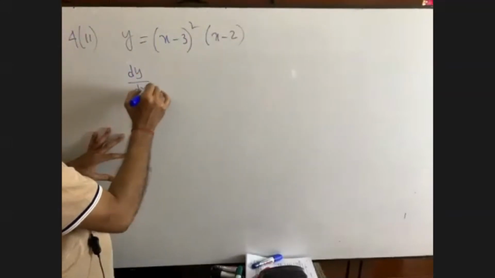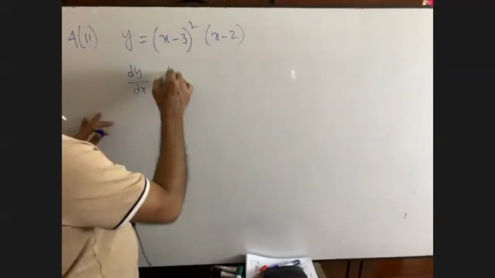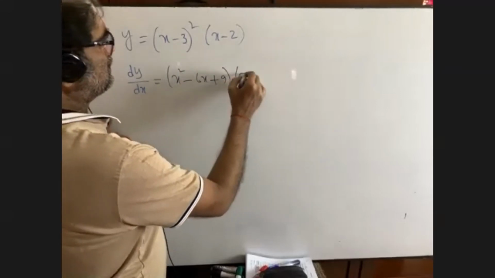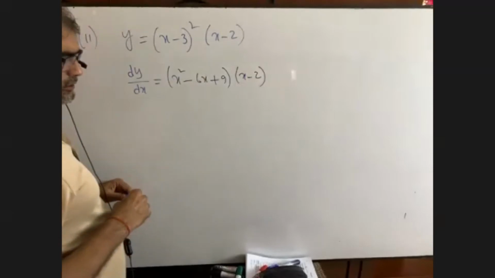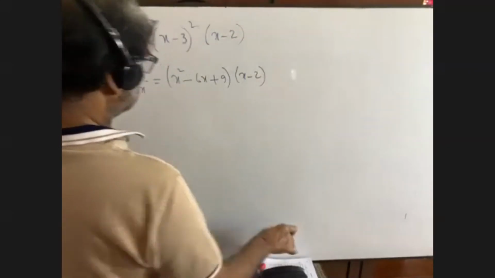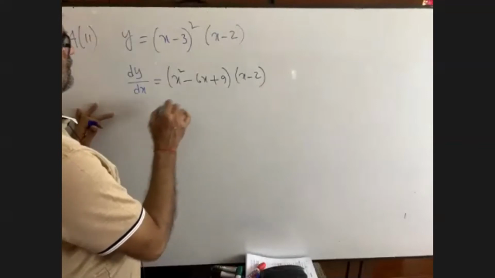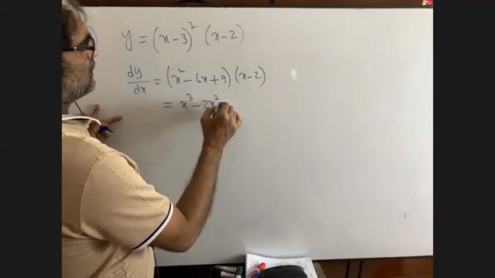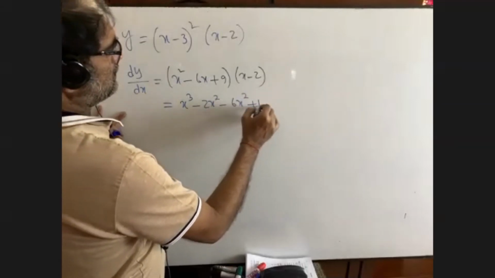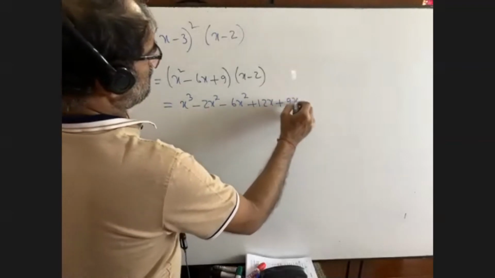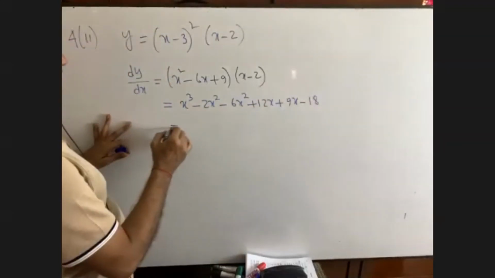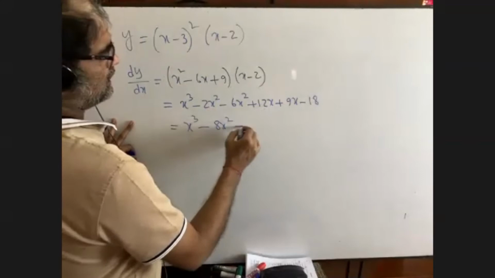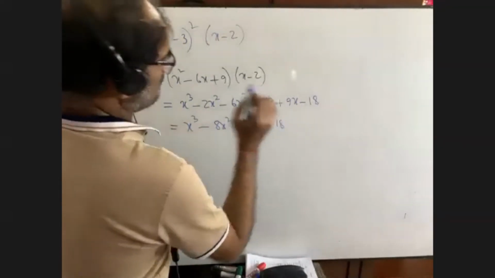Then x cube minus 2x square minus 6x square plus 12x, minus 8x square, then 21x.